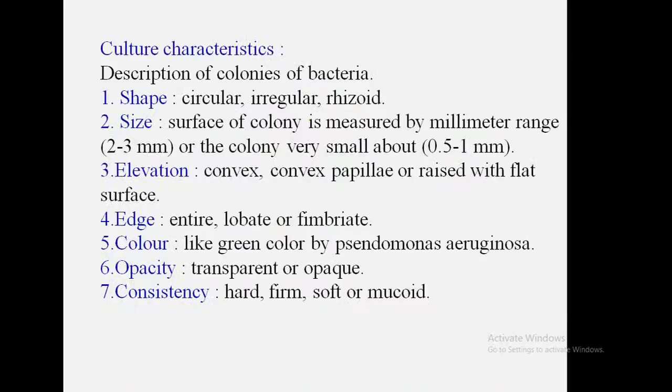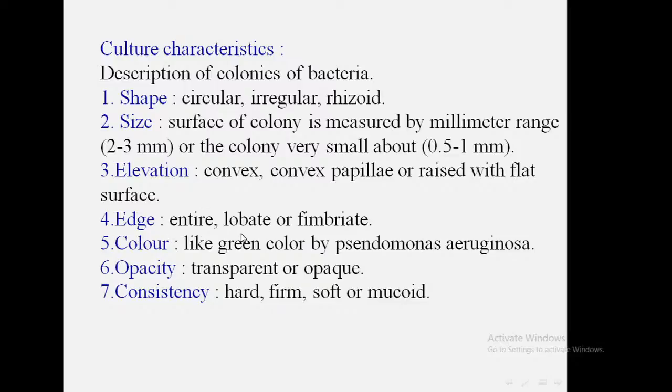Culture characteristics, description of colonies of bacteria. First, shape: circular, irregular and rhizoid. Size: the surface of the colony is measured in millimeters, 2 to 3 mm, or the colony is very small, about 0.5 to 1 mm. Elevation: convex, papillate or raised with a flat surface.